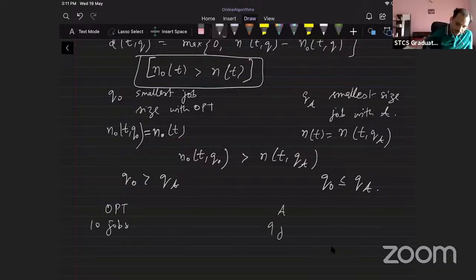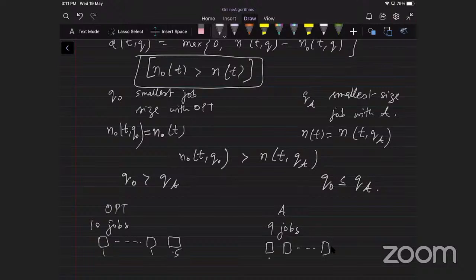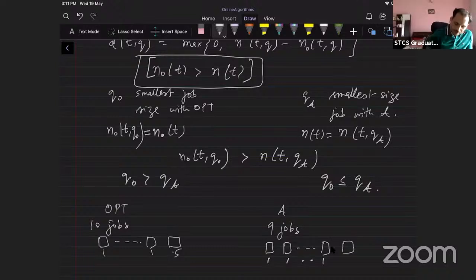Algorithm has 9 jobs. Now let's suppose the first 9 jobs are of size 1 and the last job is of size 0.5. Here it could be anything. I don't know what it is. So let's suppose the first 8 are of size 1 and the last one is 0.4. This is possible, even though N0 of T is greater than N of T.